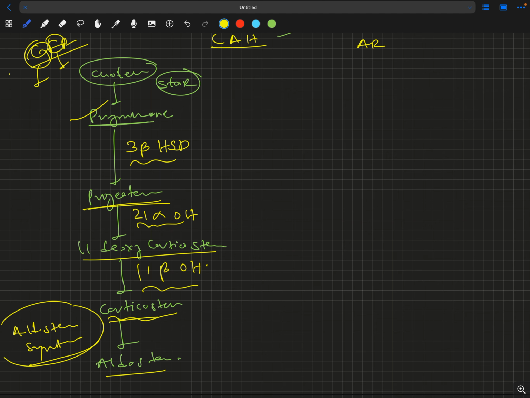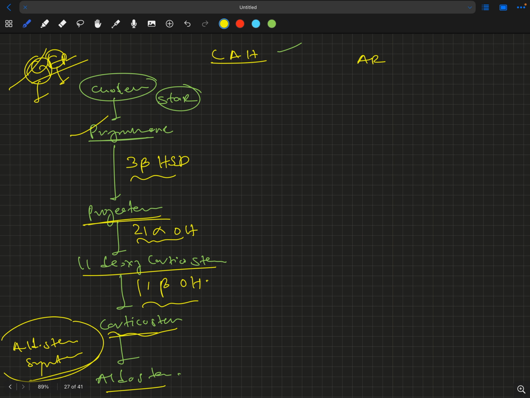This enzyme is present only in the zona glomerulosa because that's where aldosterone gets synthesized. This is the pathway that happens in the zona glomerulosa. Now let's come to what happens in the zona fasciculata.